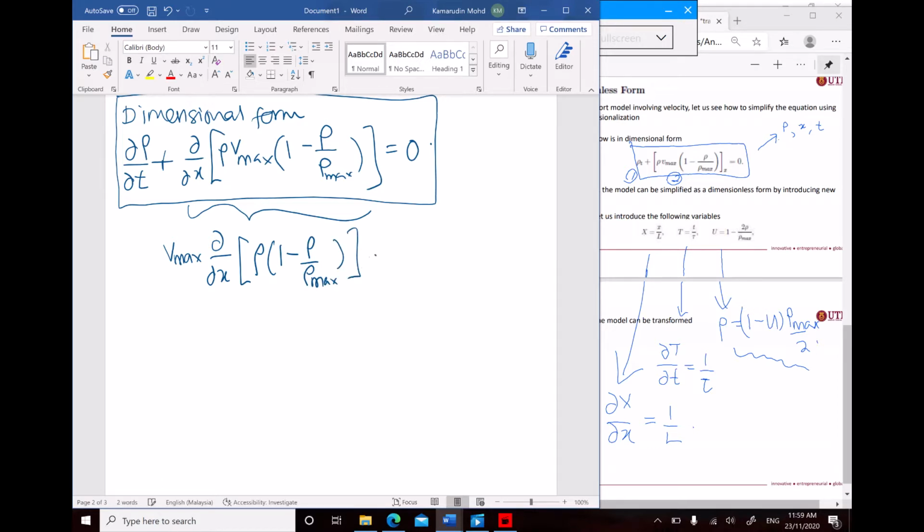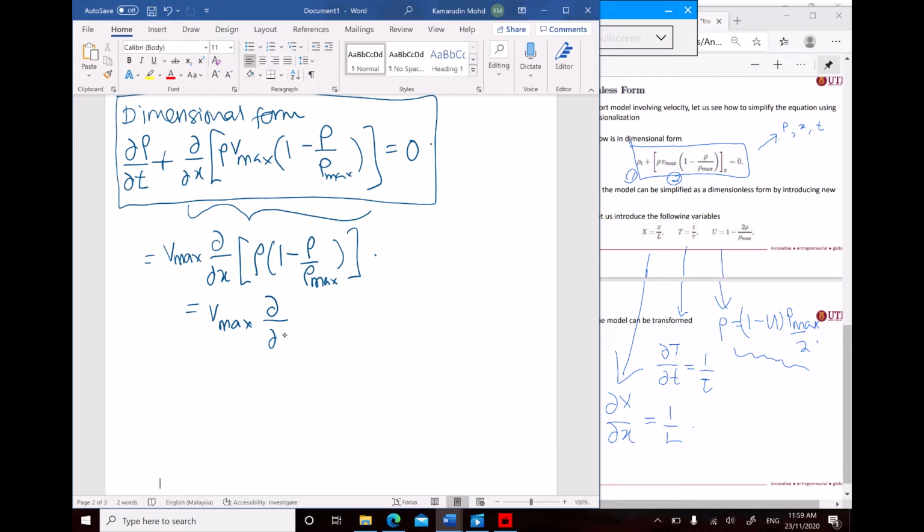So I can differentiate one by one inside here. We will have Vmax del. You can use what we call the product rule of differentiation, or you can expand first.